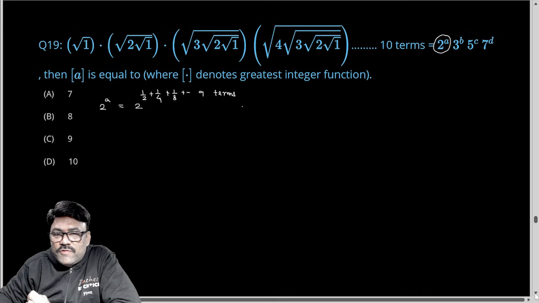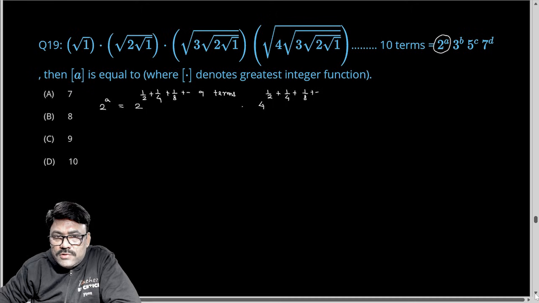Then collect the powers of 4. So 4 you will get from the fourth bracket onward. So you will get 4 raised to half. Then in the fifth bracket, it will be 4 raised to 1 by 4. Then in the sixth bracket, it will be 4 raised to 1 by 8.